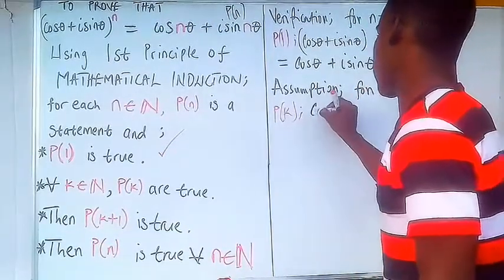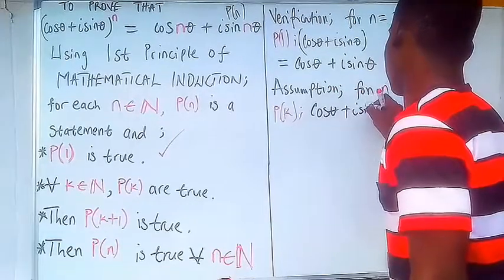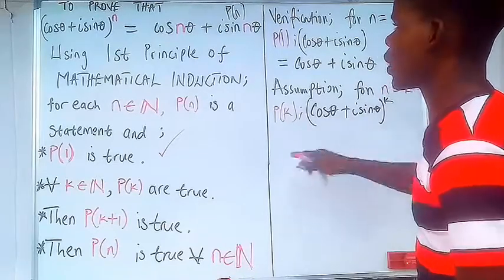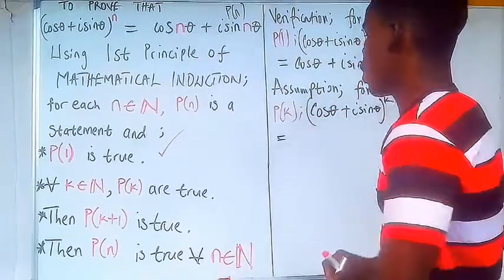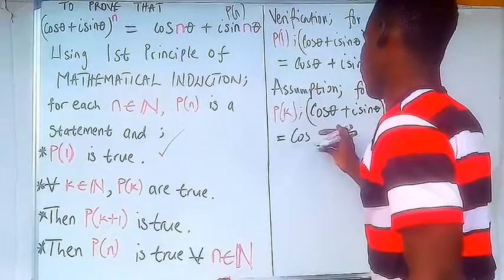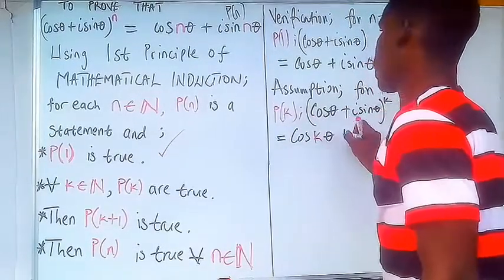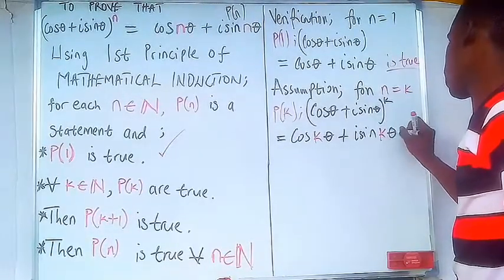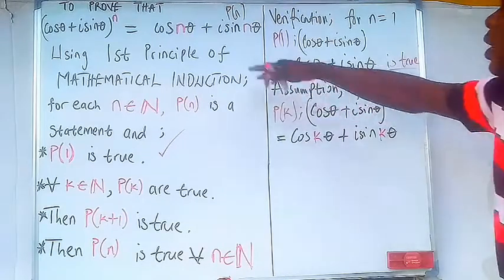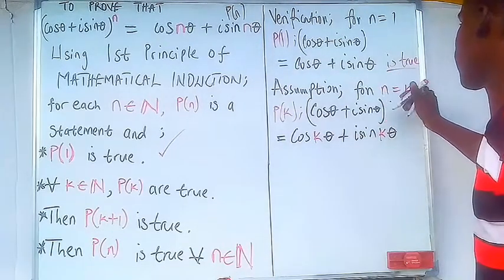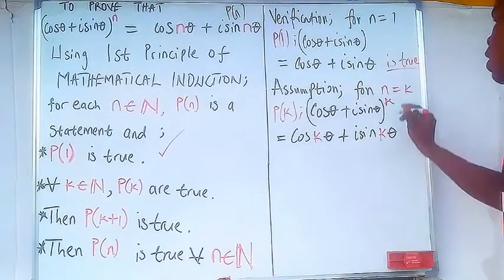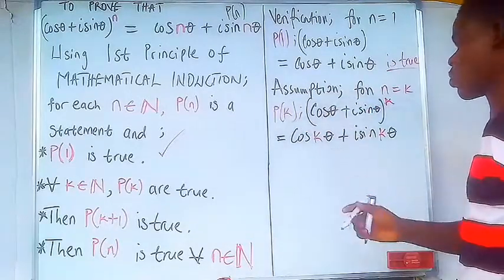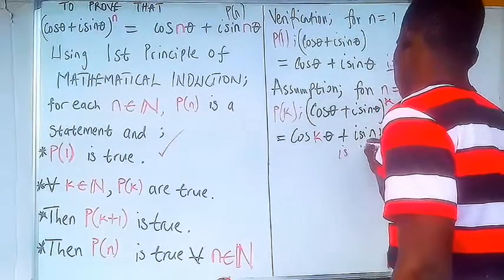That simply means we will have (cos θ + i sin θ) all raised to power k, which is given to be equal to cos(kθ) + i sin(kθ). Remember, this is our assumption, and we take it to be true.